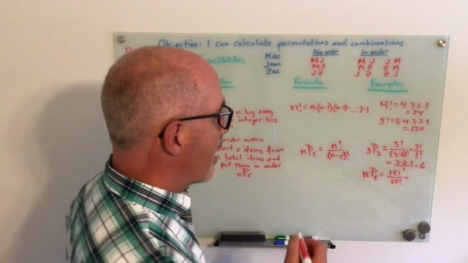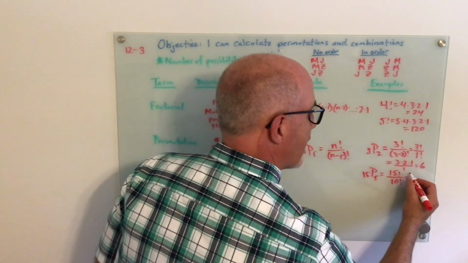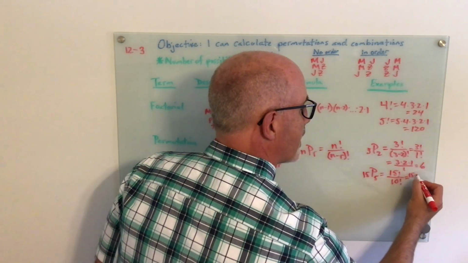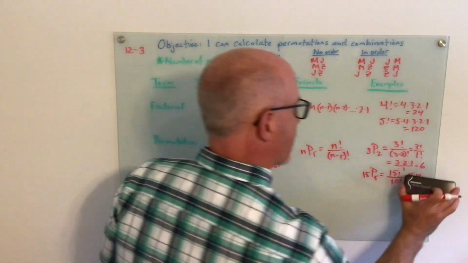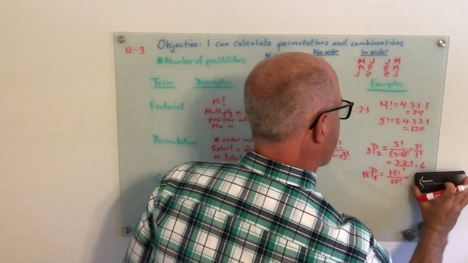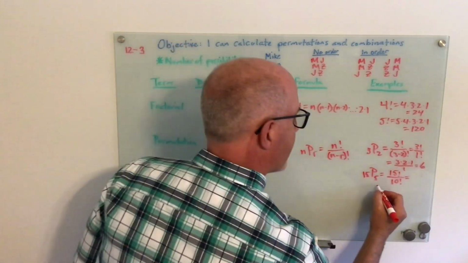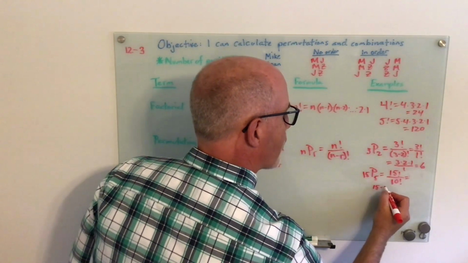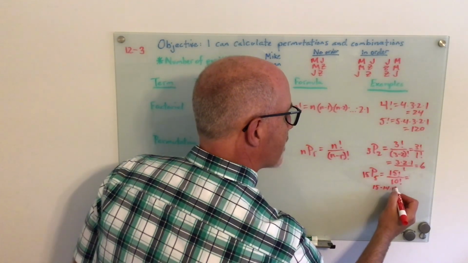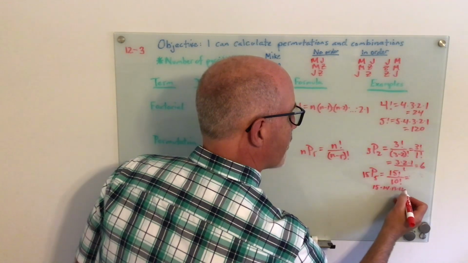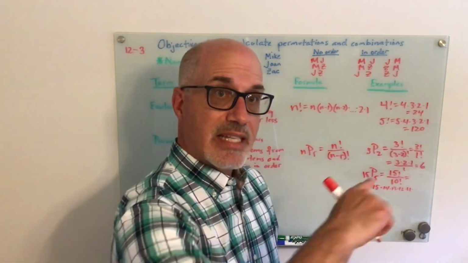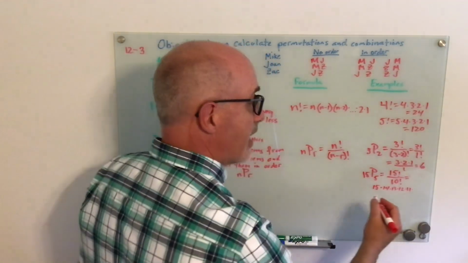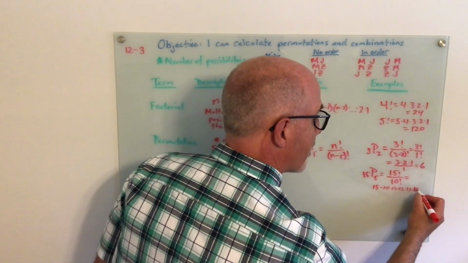I'm going to write 15 times 14 times 13 times 12 times 11 times, and what comes next is 10 times every number below it, which is 10 factorial.